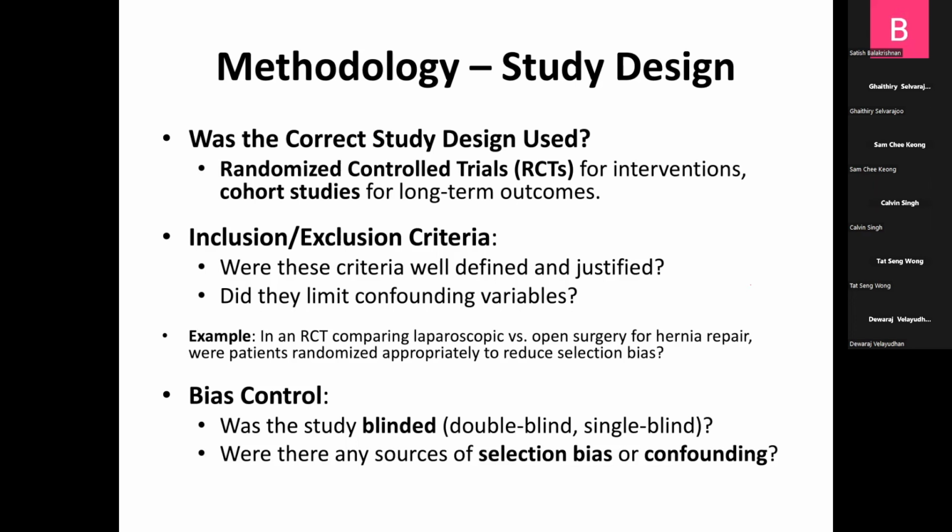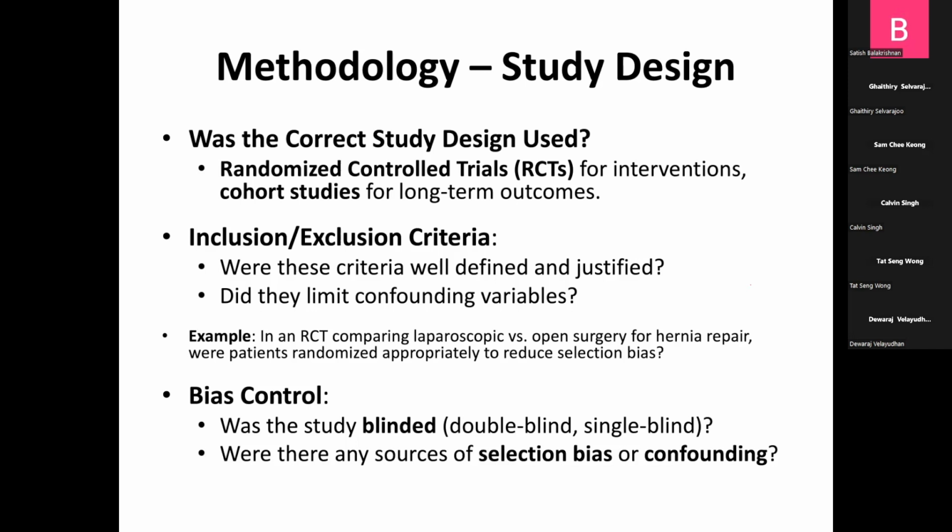You have to look at the inclusion-exclusion criteria and see if they are well-defined and justified, and whether they have limited their confounding variables. Because the confounding variables, that means things that actually make a difference in your study, must be accounted for. So just to explain what confounding variables are, an example is you're looking for wound infection due to prep, skin prep, okay?